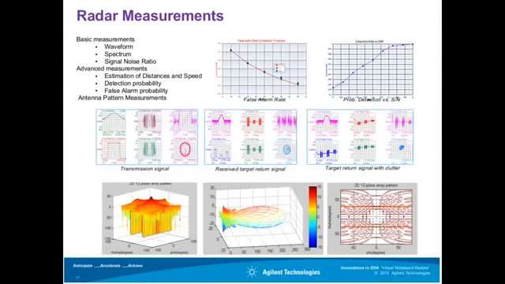Radar measurements are provided, including basic measurement, waveform, spectrum, signal-noise ratio, just like this. You can use SystemVue measurement or enjoy using Agilent VSA software as a measurement to measure transmission signal, receive the return target signal, and target return with clutter signal.